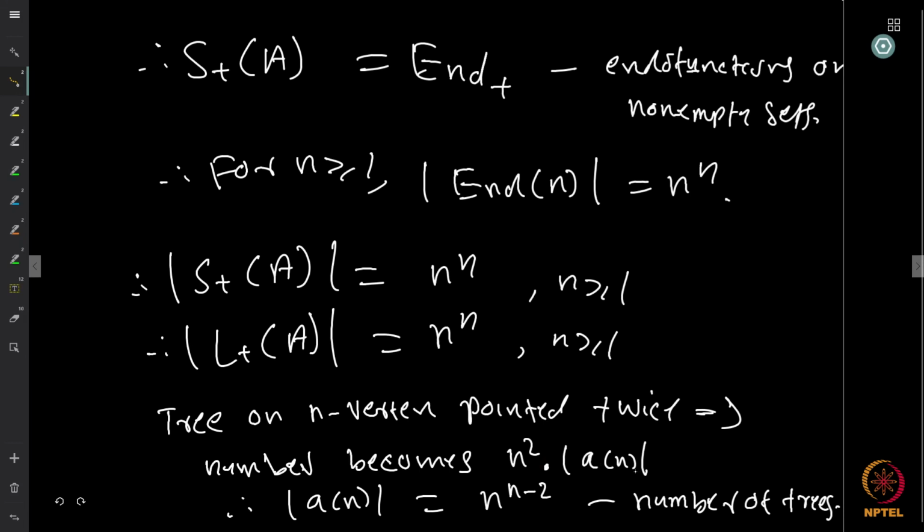Therefore, the cardinality of A of n must be n raised to n divided by n square, which is n raised to n minus 2. So the number of trees is precisely n raised to n minus 2. This is another way to count the number of labeled trees.